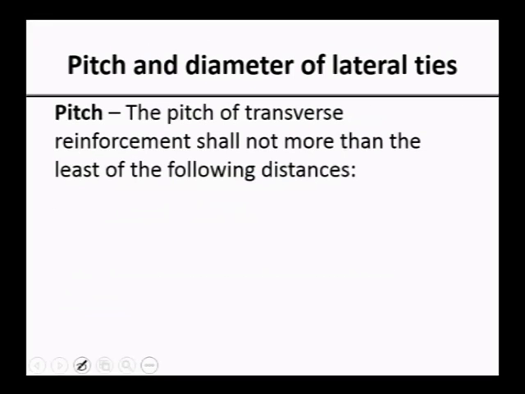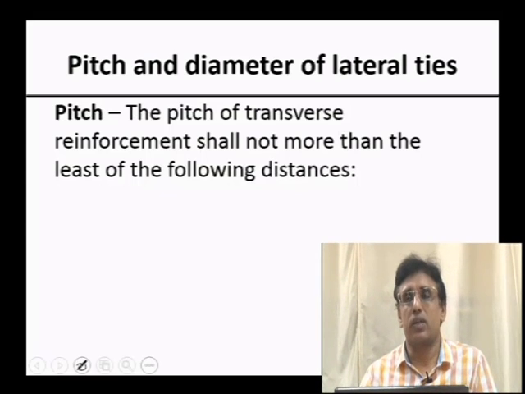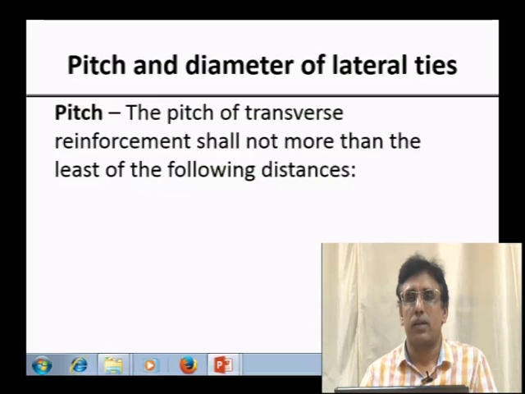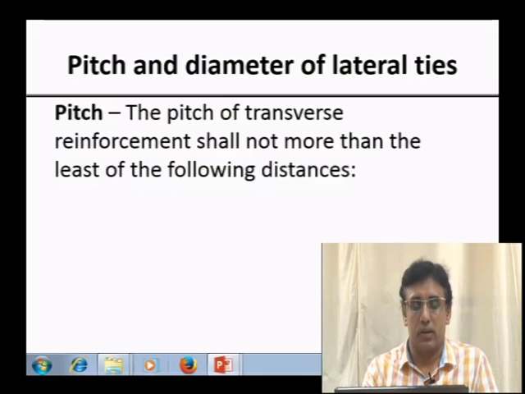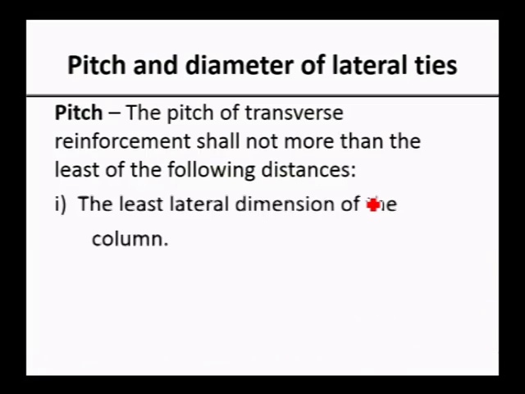And then for lateral ties, what is the spacing? Spacing of the lateral ties is also given in the IS 456 code. The pitch, the spacing from one ring to another, should not be more than the least of the following three conditions given. One is the least lateral dimension of the column.